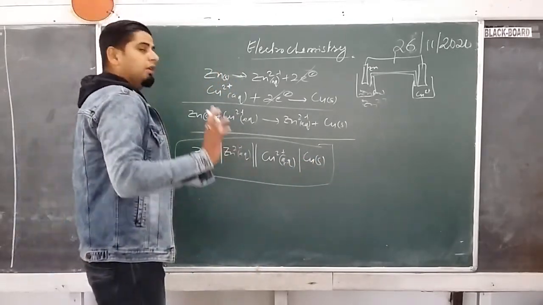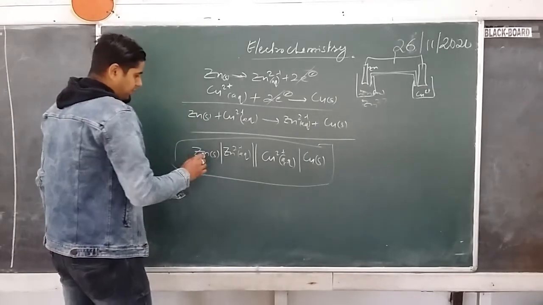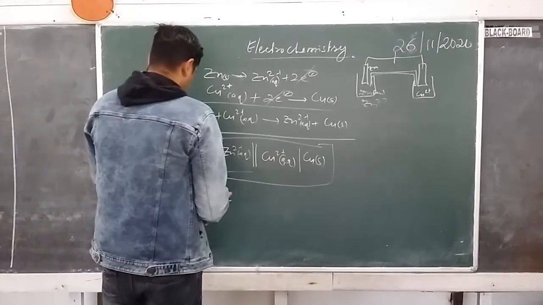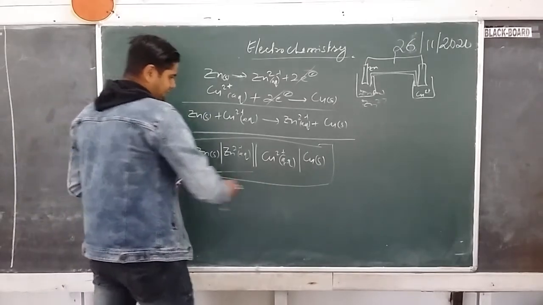Okay. Now remember this, anode is always written here at the left hand side, and here it is the cathode.